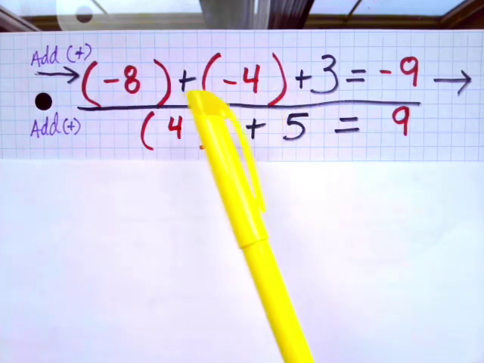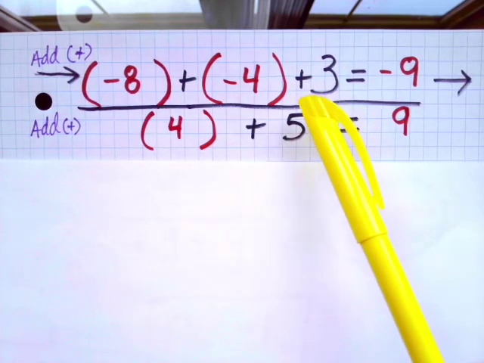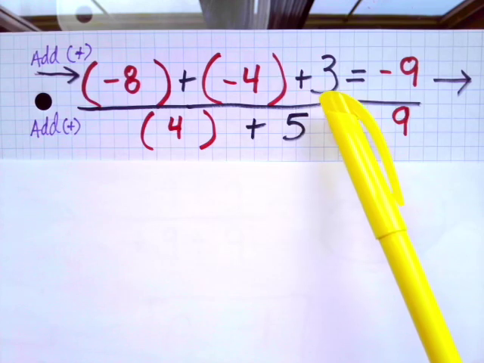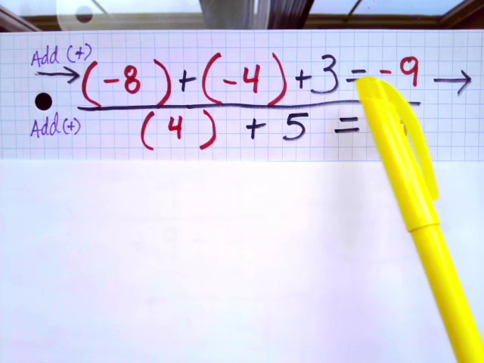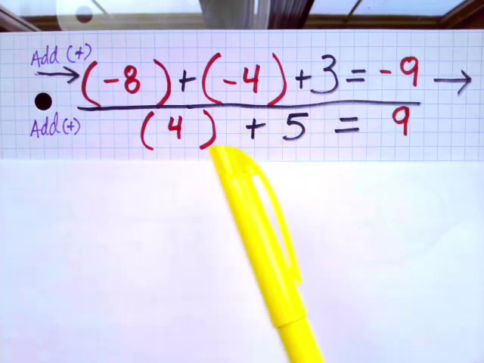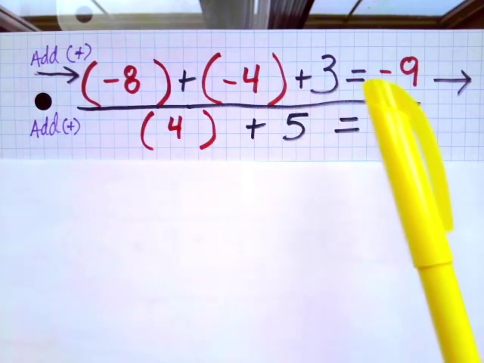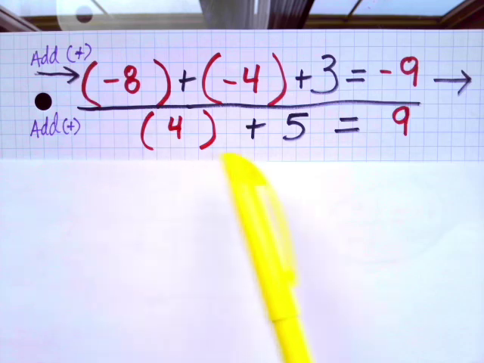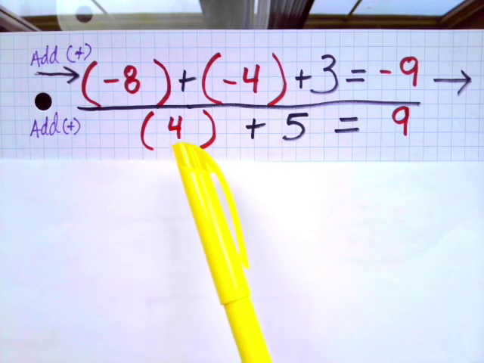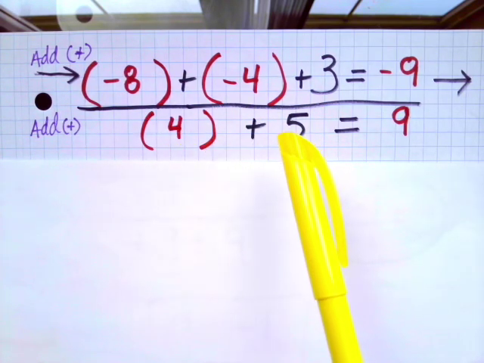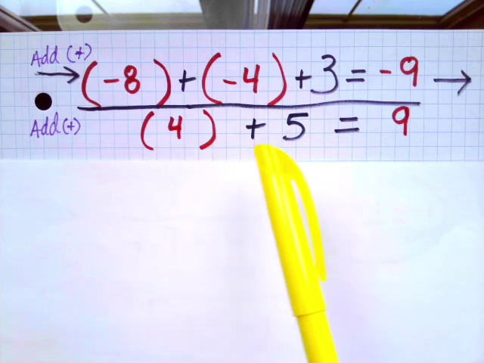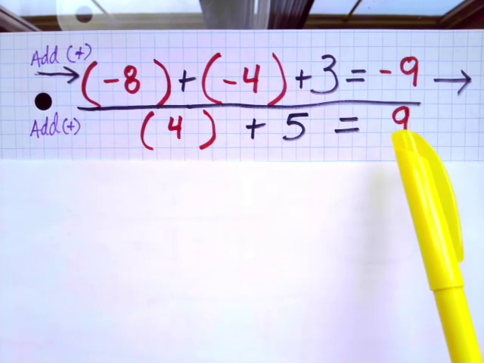Now you owe me a total of $12, but you paid me back $3. You still owe me $9. That's the negative 9. Go ahead and review my videos on adding and subtracting positive and negative integers if that helps you out. And then here in the denominator's place, we have 4 plus 5. 4 plus 5 is a positive 9.